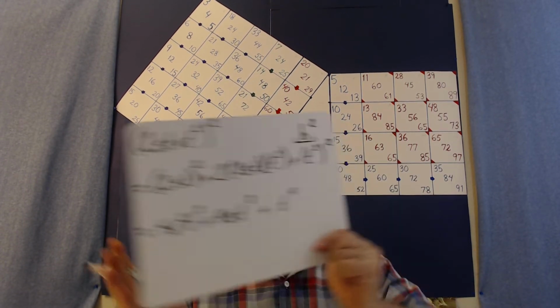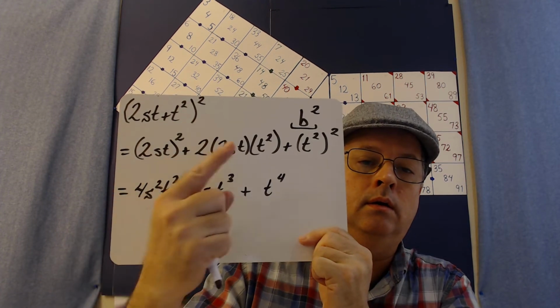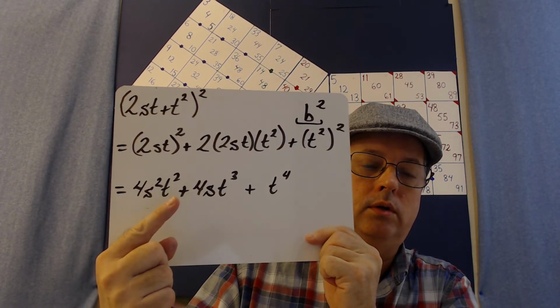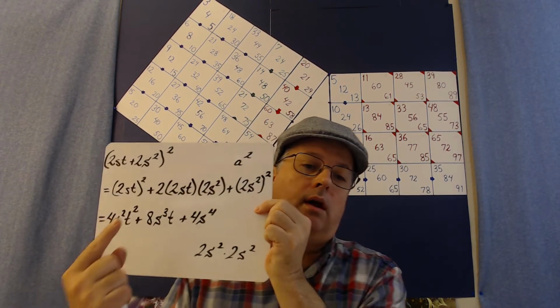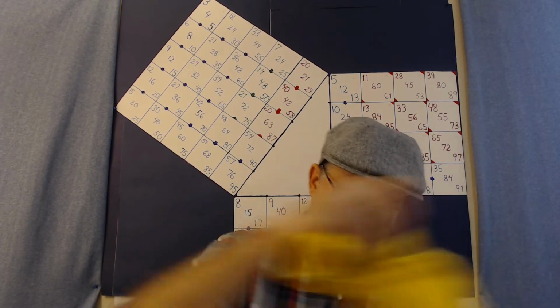And so when we're kind of running out of room here, so we'll just put those down, plus 4, oh, hold on a second now. There is the b has a 4s squared t squared, and the a has a 4s squared t squared. Okay, so there's some like terms. Okay, all right. So let's write that underneath here.